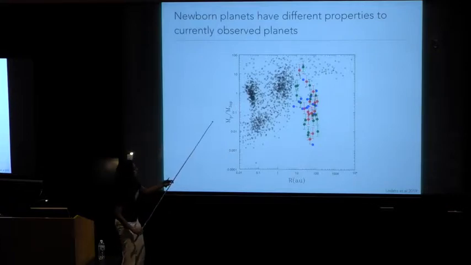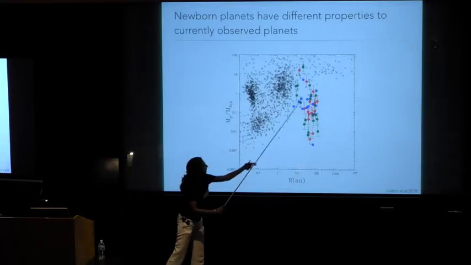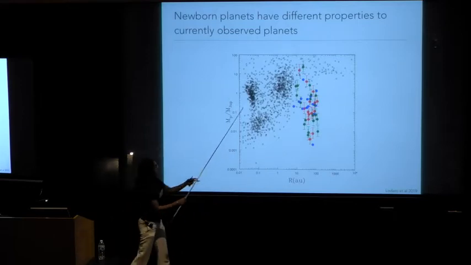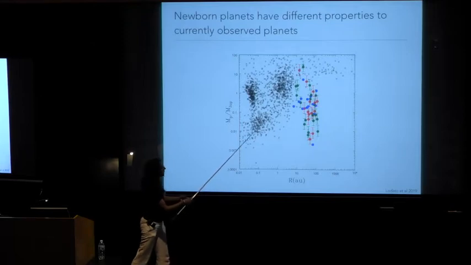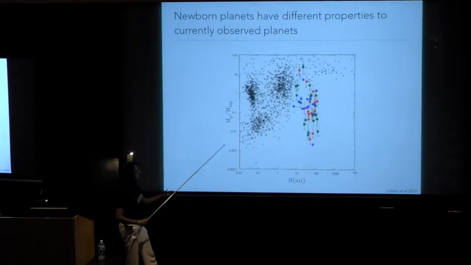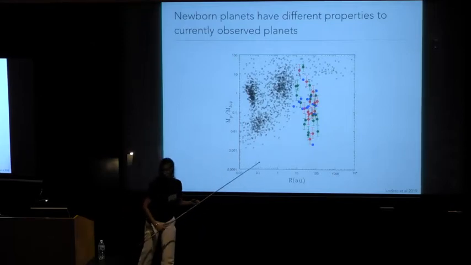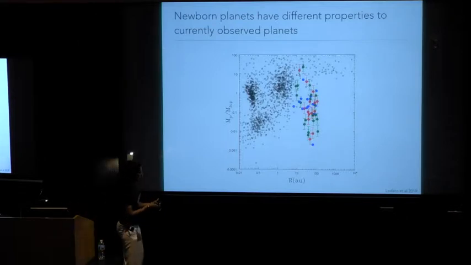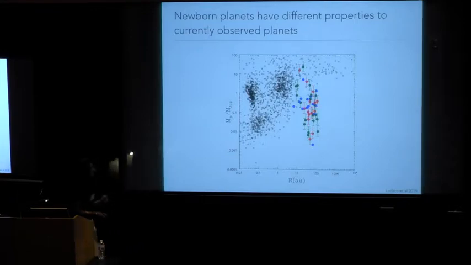And what he's done is to overlay the results, these are the colored points here, against the exoplanet population that we've detected. These are the black ones here. So we've got planet mass against radius. And the most striking feature of this plot is that these newborn planets, these early planets, really seem to have different properties to at least the planets that we have detected.